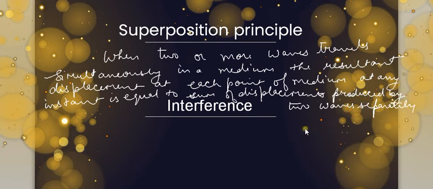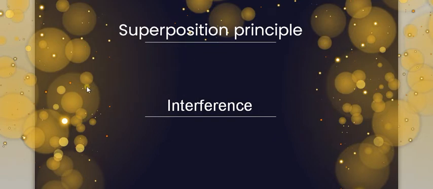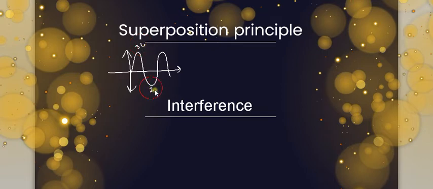Okay, for example, let me try to explain this diagrammatically. Like we are having two waves. See, this is my one wave in which we are having 3 units of crest and 2 units of trough.